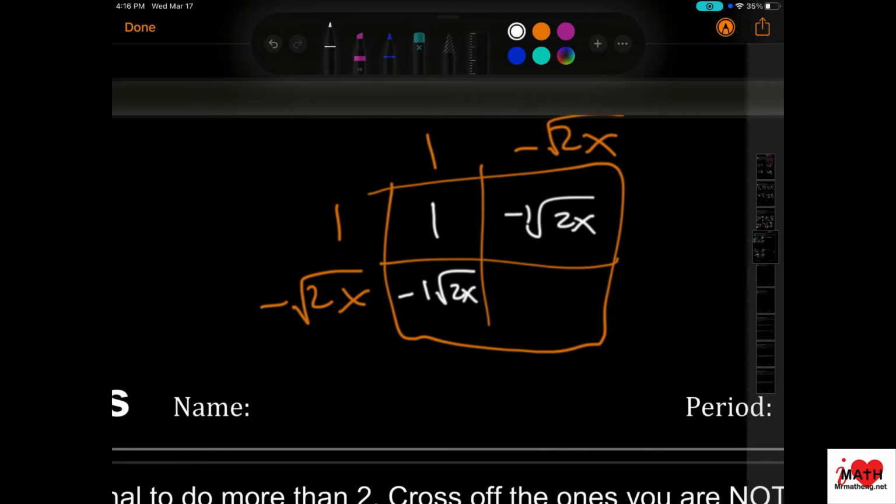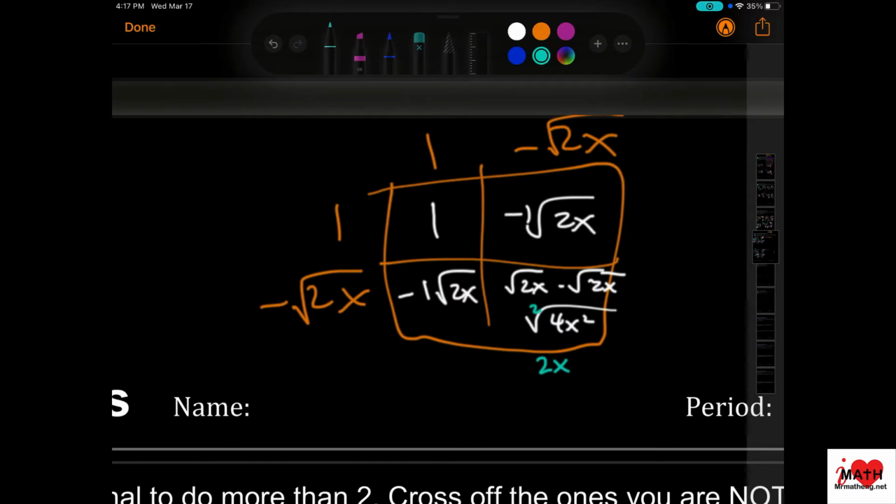Now negative times negative is positive, and it's radical 2x times radical 2x. Remember, these can go inside the same radical because they're multiplying. So you essentially have 4x squared, and that would simplify to square root of 4 is 2, and the square root of x squared is x.